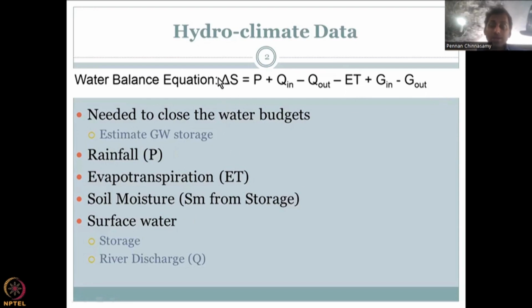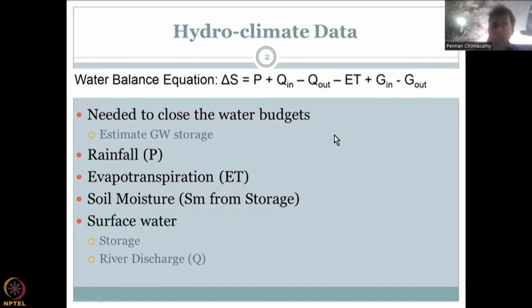So this can be your net storage inside the basin or inside the watershed along the surface, or it could be a storage in the groundwater. So there could be either a surface storage, which is given at the bottom, or a groundwater storage. So if you make the equation in such a way that you are focusing on the groundwater as the parameter, then this would be precipitation converted into your infiltration and coming in, recharge, but all these will be captured here also.